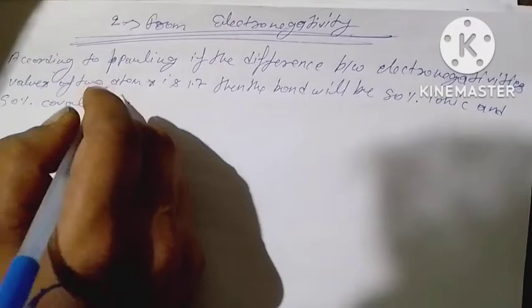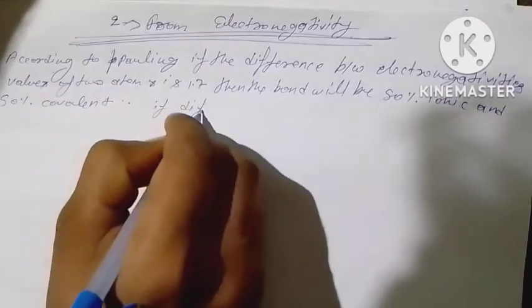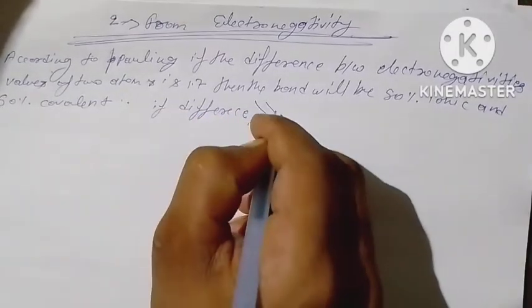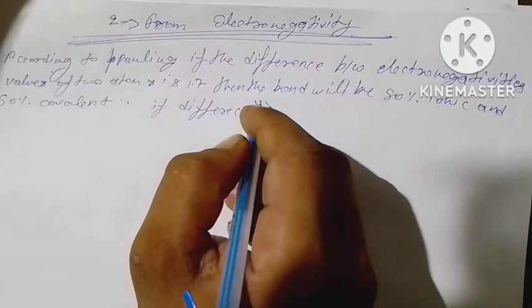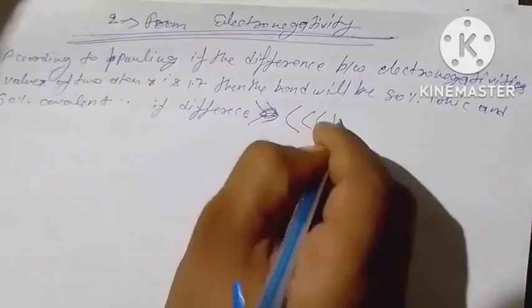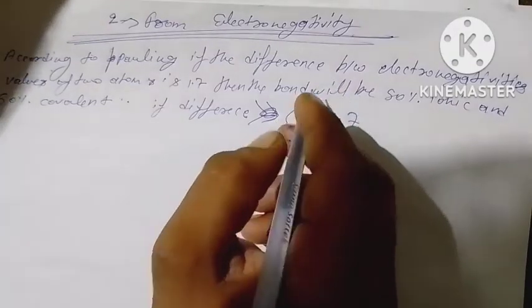If the difference is less than 1.7, then the value of ionic character will be less.